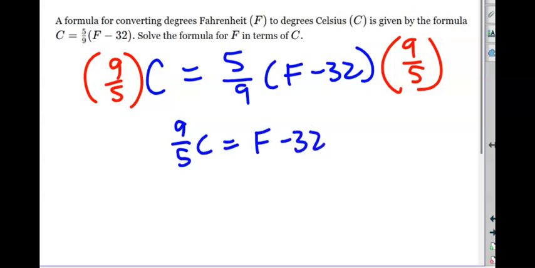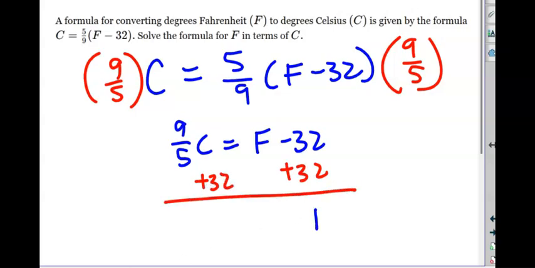Because I'm no longer multiplying this quantity by any item, I'm removing the parentheses. I'm going to add 32 to both sides to isolate f. 9/5 c plus 32.